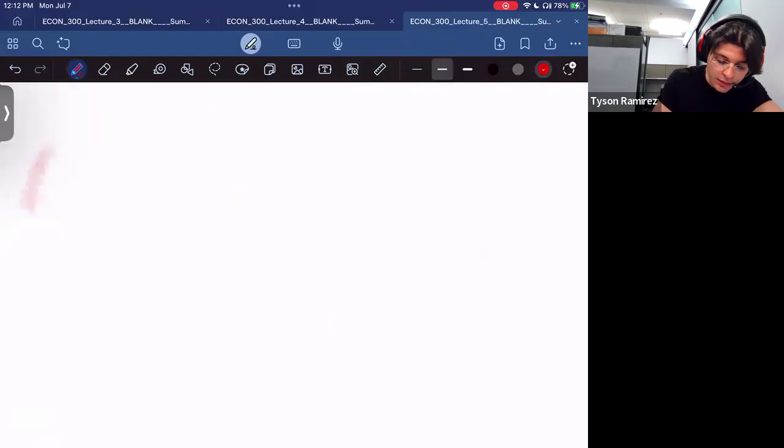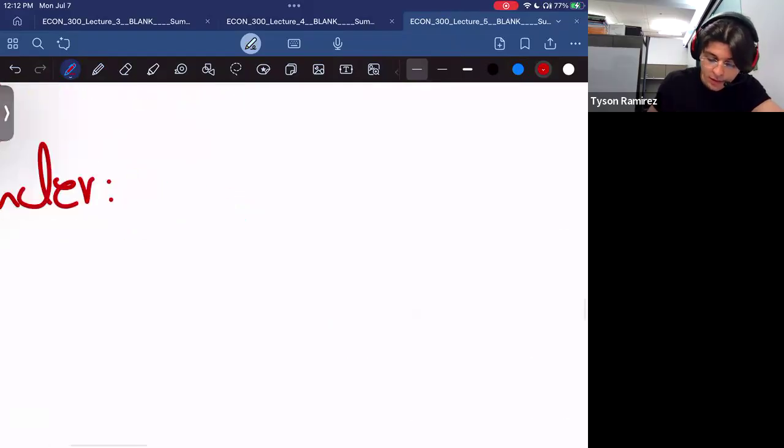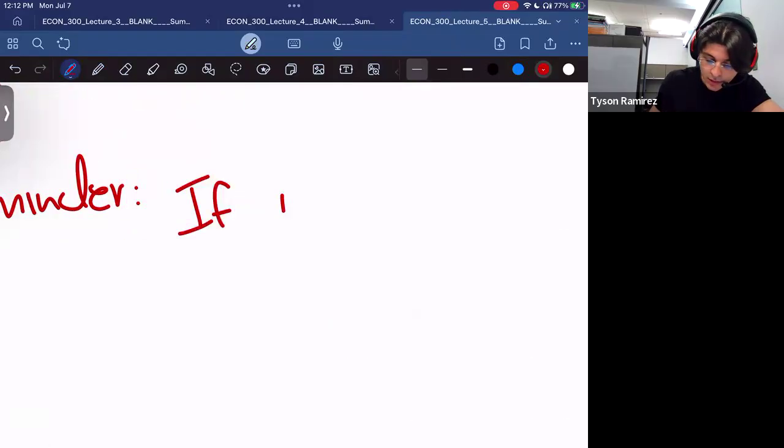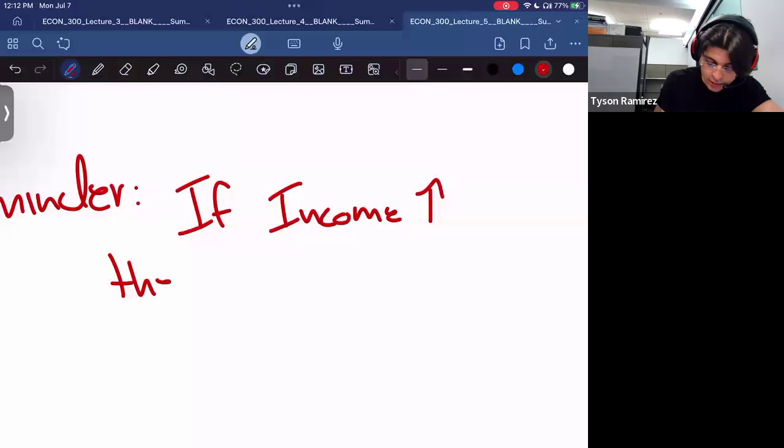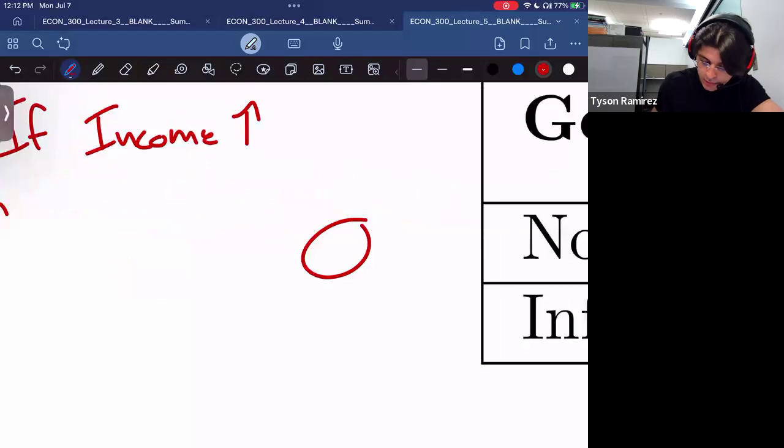Let's do a reminder that if income increases, then for normal goods, quantity demanded increases.